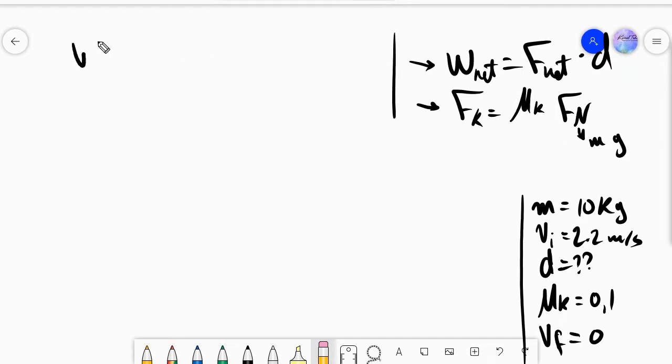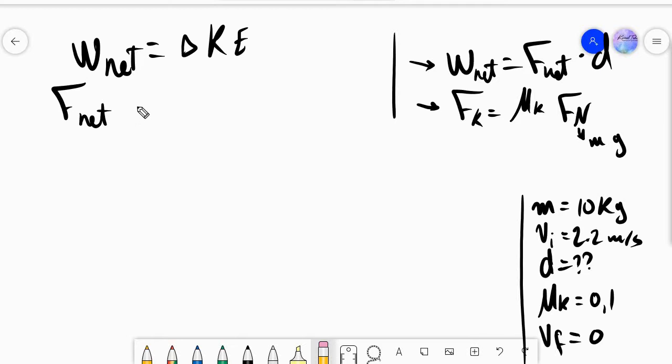We said that net work equals delta KE, the change in kinetic energy. That is the work-kinetic energy theorem. Net work, as you see here, equals F net d, which equals KEf minus KEi.